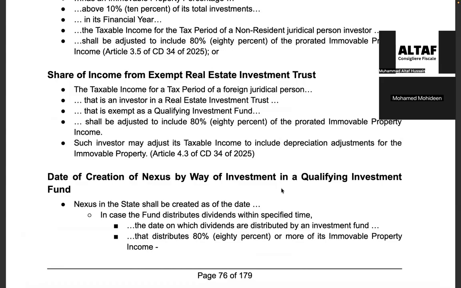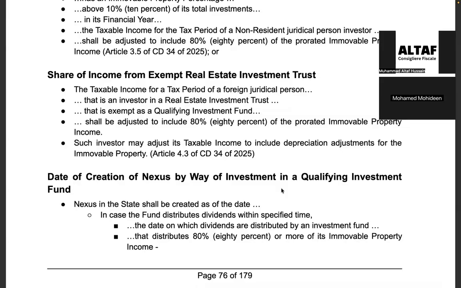Residency and source, right? We are studying the concept of residency and source. And after studying the resident person, we had come to non-resident person. How is a non-resident person taxed? That's what we were studying. In the non-resident person, we addressed the first point as permanent establishment.